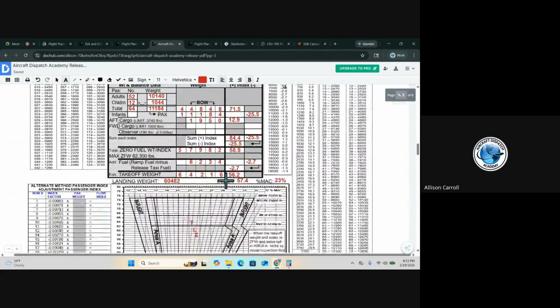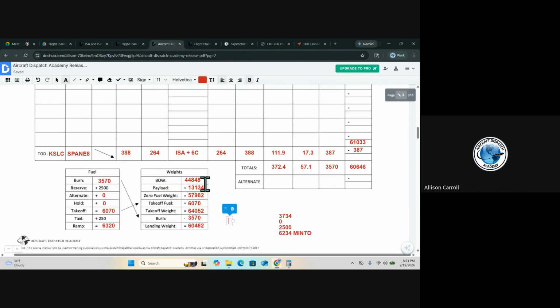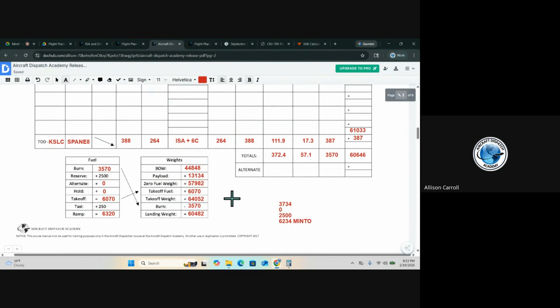And guess what? It happens to be our estimated landing weight. Those should match, by the way. When all is said and done, those should match. Okay. So we figured out our actual fuel burn. We figured out our actual takeoff weight and our actual landing weight.